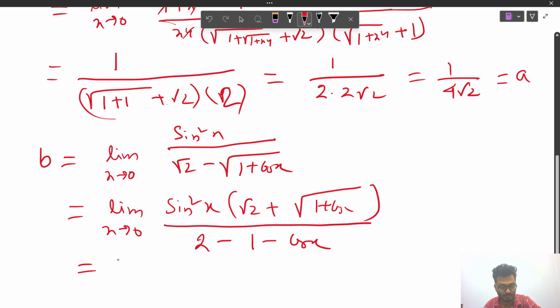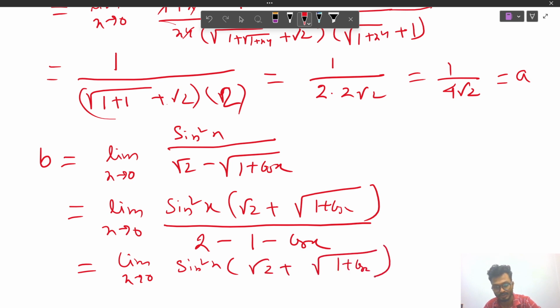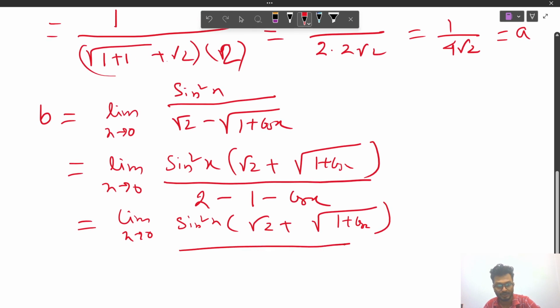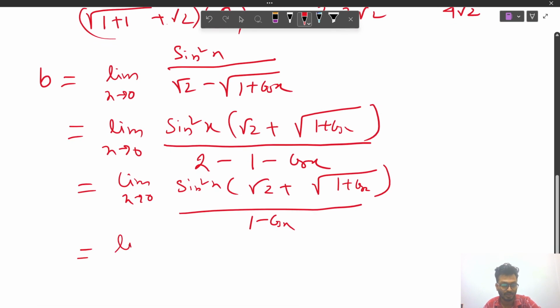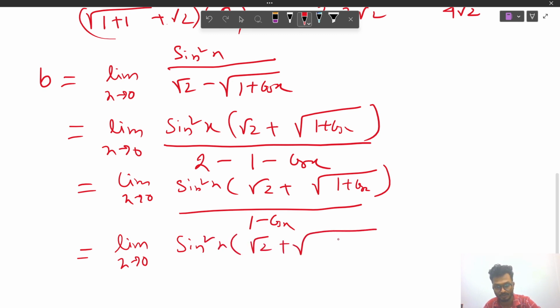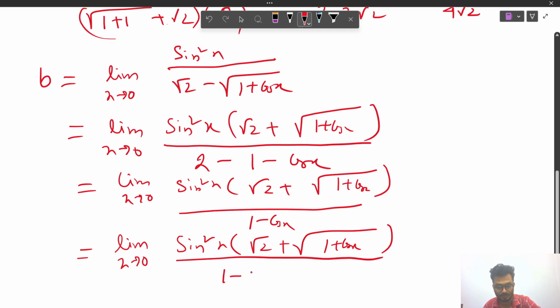So this will be limit x tends to 0 sine square x into root 2 plus root over of 1 plus cos x, and in the denominator what we get is 1 minus cos x. Now let us multiply by 1 plus cos x in both numerator and denominator. So the denominator becomes 1 minus cos square x.